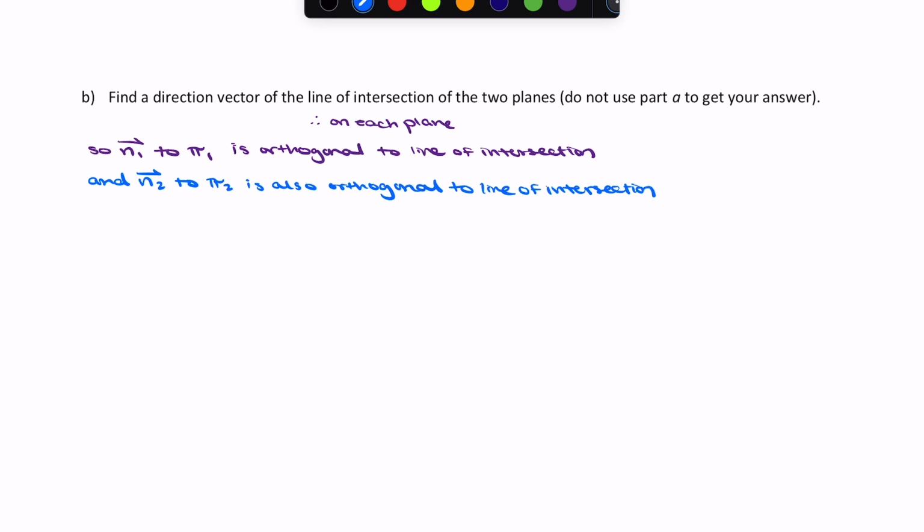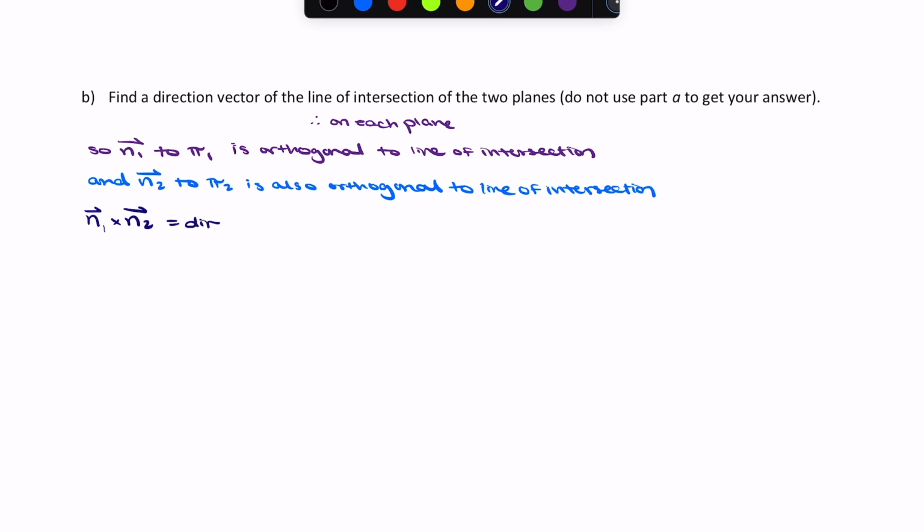Okay, so to find our direction vector of the line of intersection, we will find the cross product between normal one and normal two.